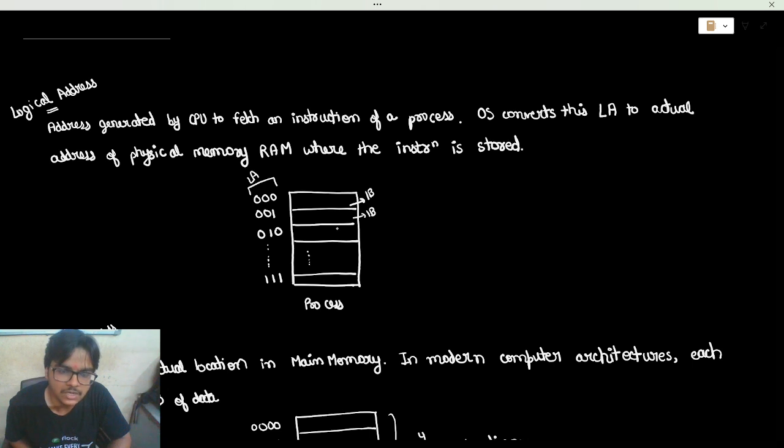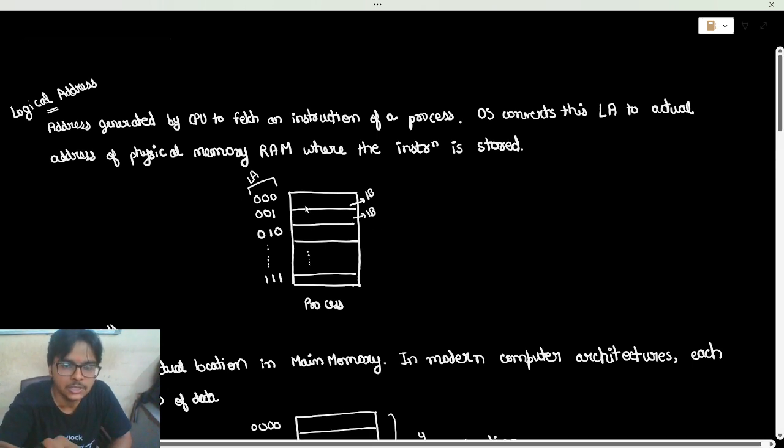This address is known by the CPU only. So whenever the CPU executes a process instruction, let's assume for simplicity that an instruction is of 1 byte only. The first 1 byte instruction has already been fetched by the CPU, and now the CPU requests the next instruction 001, which is also 1 byte.